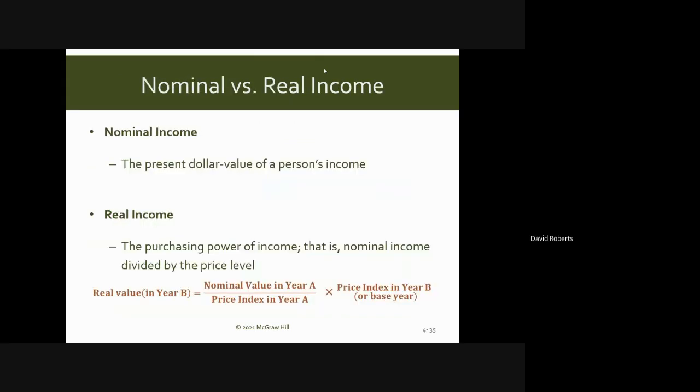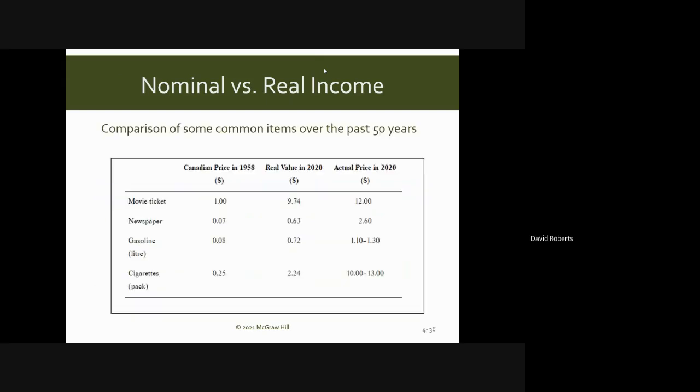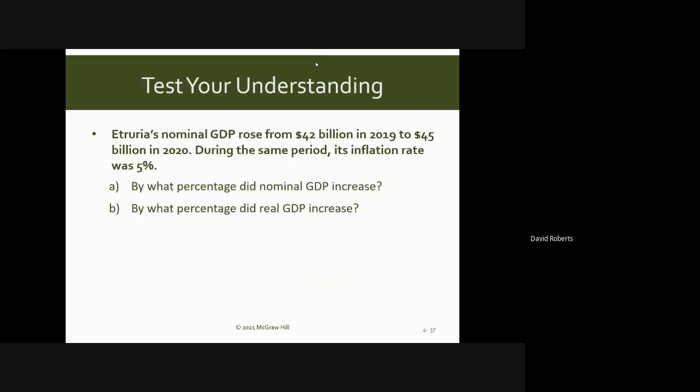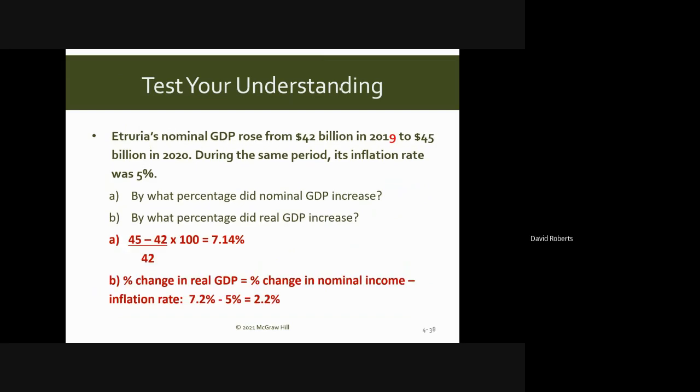So here's an example to try and turn something into what the real value is. In this particular case, I'll let you pause on this. You want to find out what the inflation rate is, so you can subtract that from the nominal increase. So the inflation rate is subtracted from the nominal increase to find out what the real GDP is.